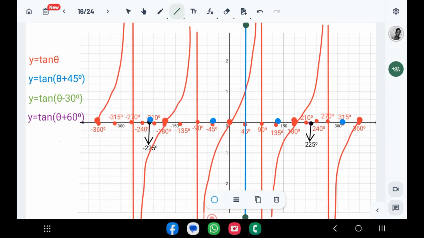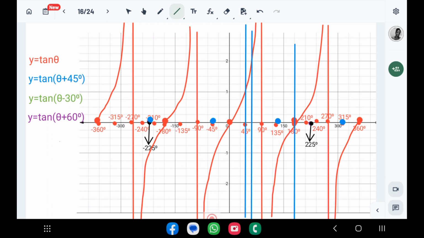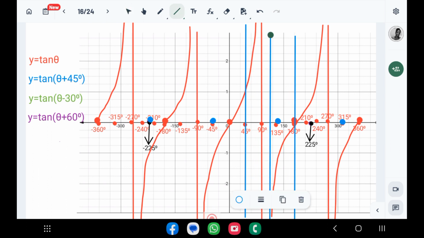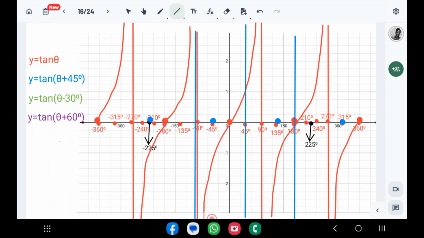Now let's duplicate that. Next one will be, okay, let's see, 45 minus 180. 45 minus 180. Negative 135. That's where we land.